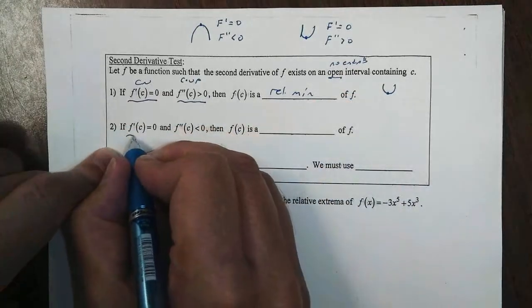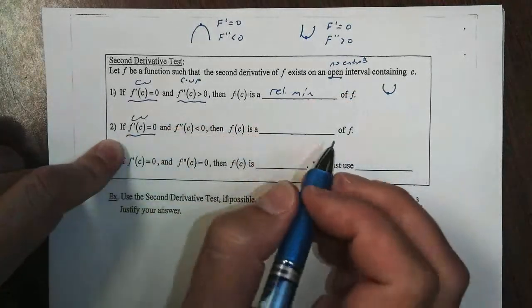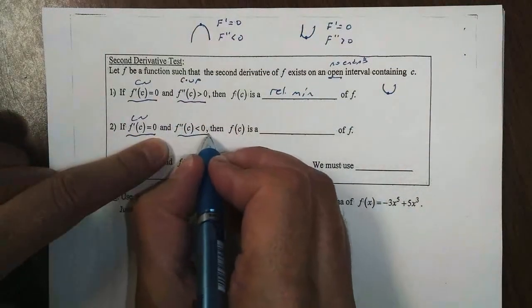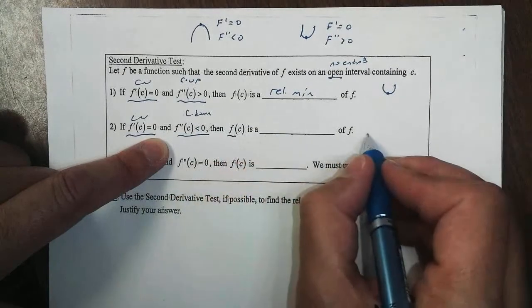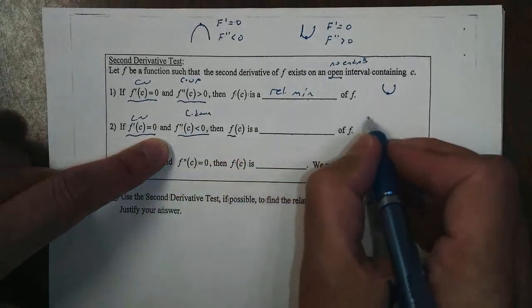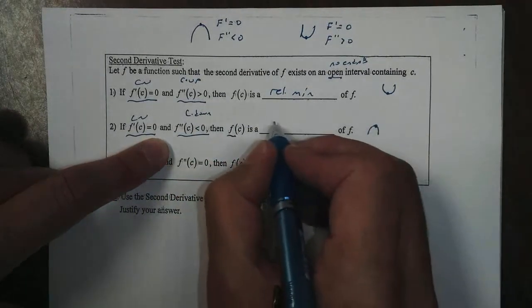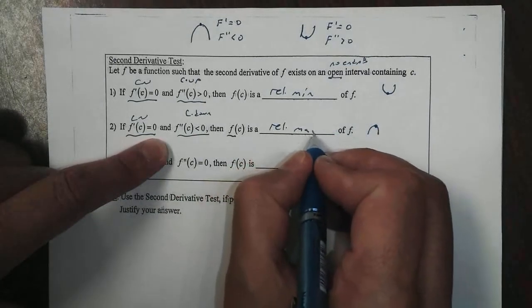If we have a critical number, again the first derivative is 0, and the function is concave down, we know that the function therefore has a relative maximum. And notice I always draw my picture out. We have a relative maximum.